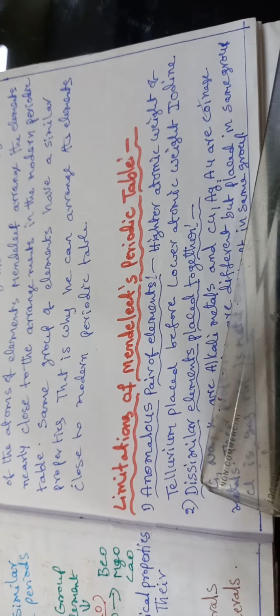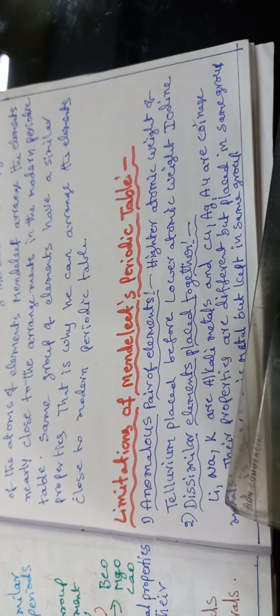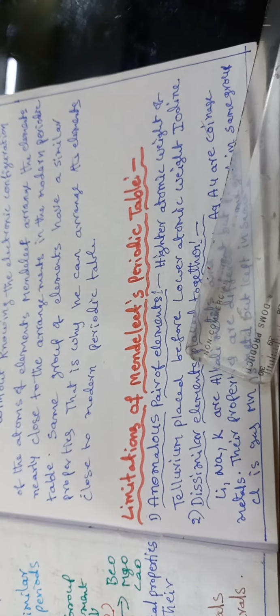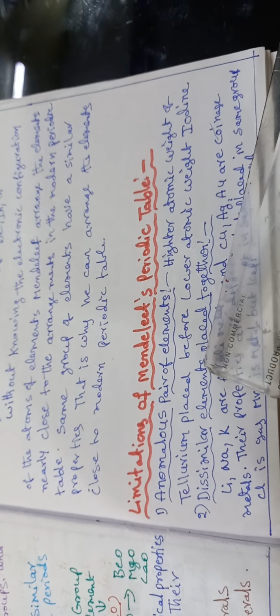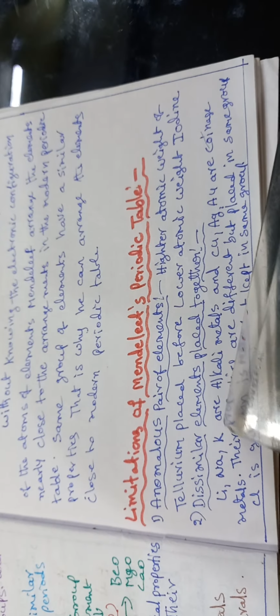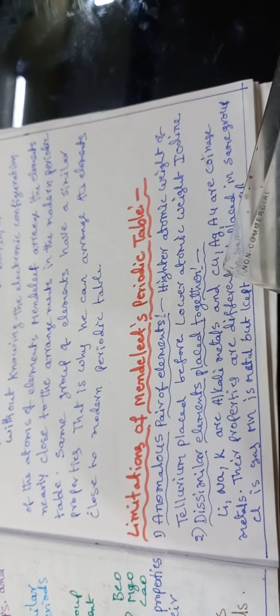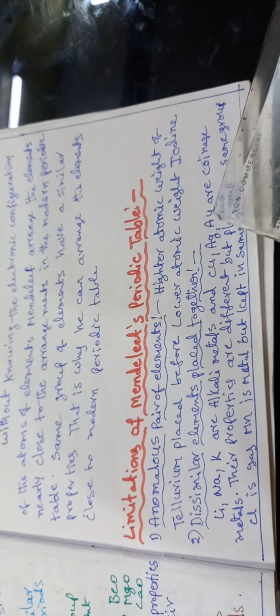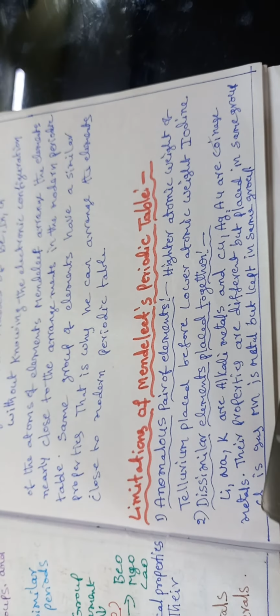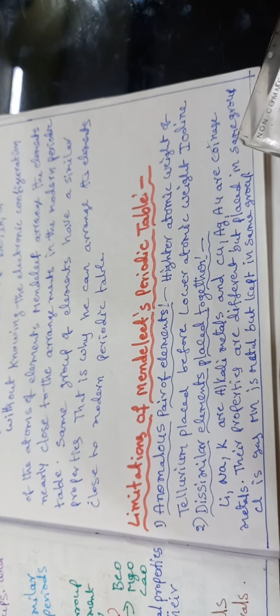Next one, dissimilar elements placed together. Dissimilar elements means elements containing different properties. Lithium, sodium, potassium are alkali metals, and copper, silver, gold are coinage metals. Their properties are different but they are placed in the same group.